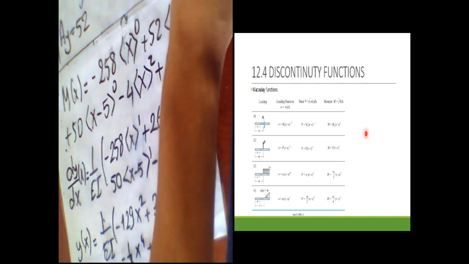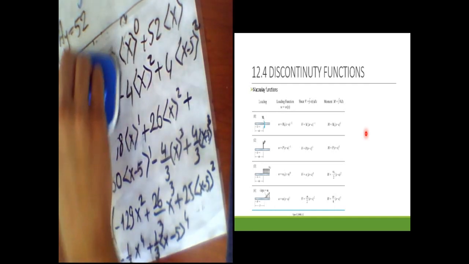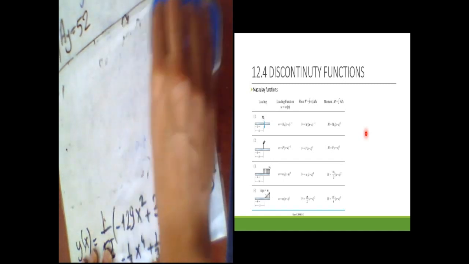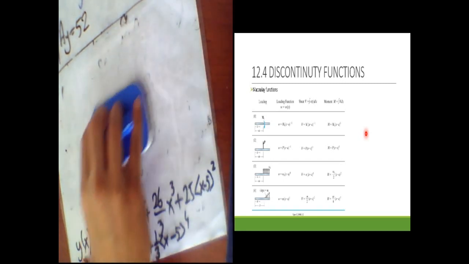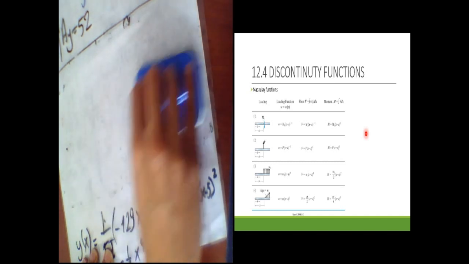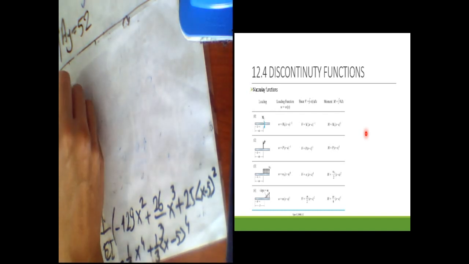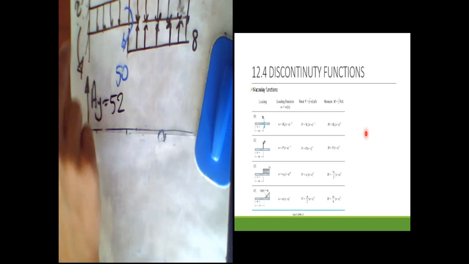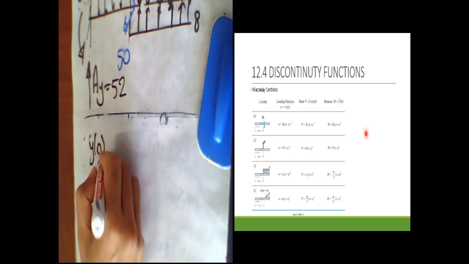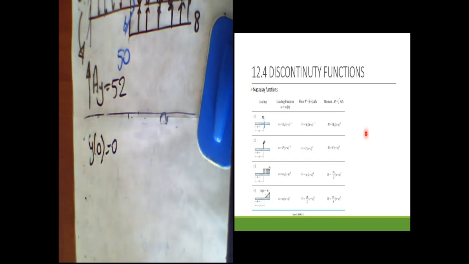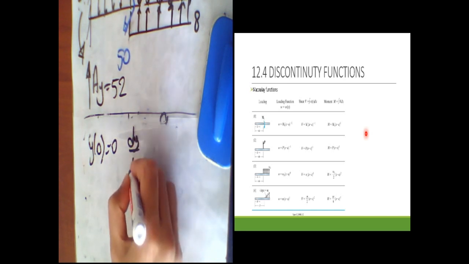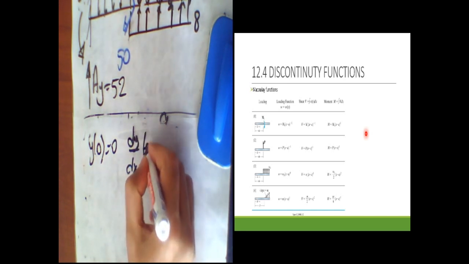Also I have two boundary conditions. I want to delete this part, sorry that I don't have enough space, but you can see it when you review our stream. So you have two boundary conditions. You remember that it is a fixed support at the initial point, therefore y(0) is equal to 0, displacement is equal to 0, and dy over dx is equal to 0.